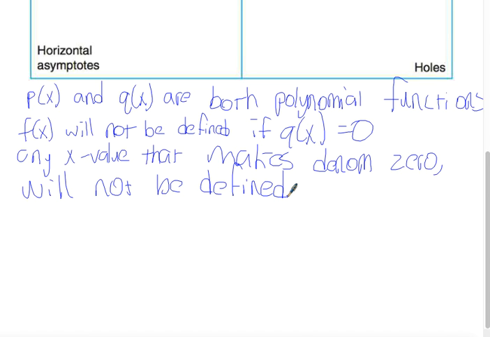So we're going to have single x values on these graphs where the function's not defined. Up until now, all the functions we've looked at are continuous functions.